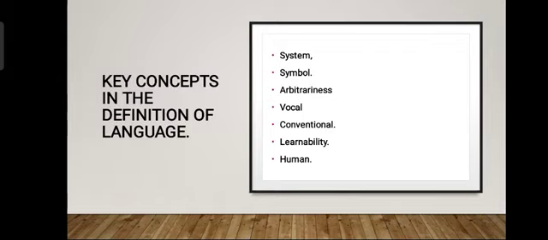Now we move to morphology. Be careful, these are all connected to the key concept of system, and are known as the subsystems. The morphological system is the study of how words are formed out of smaller meaningful units, traditionally called morphemes. Morphemes are regarded as word building blocks.